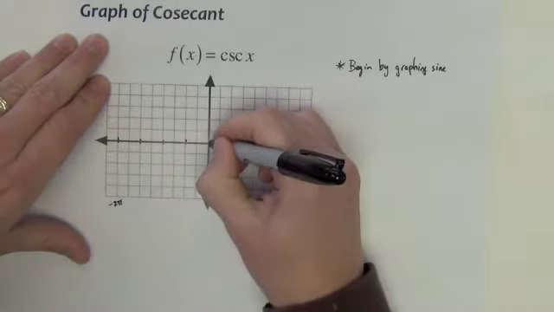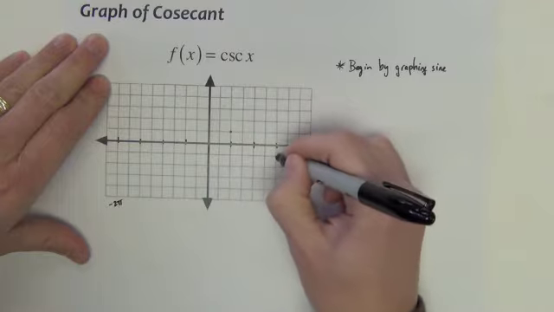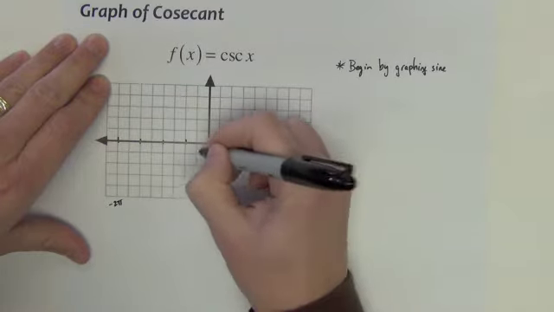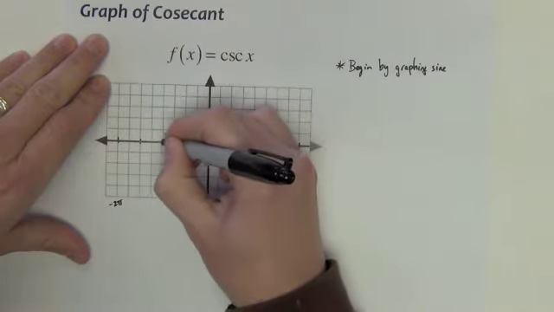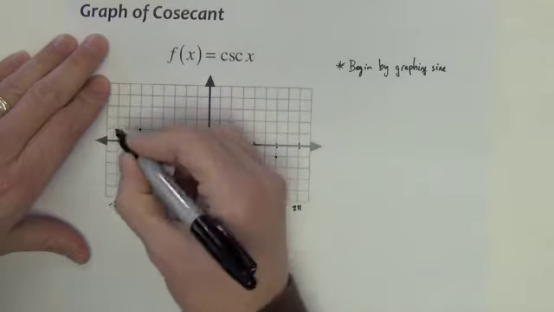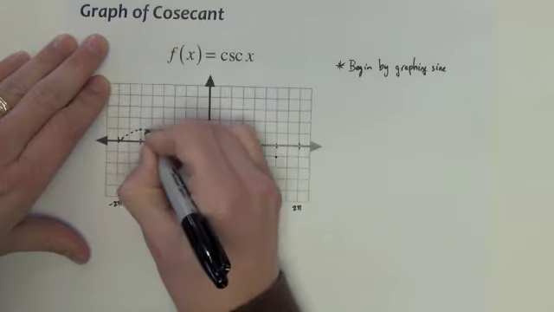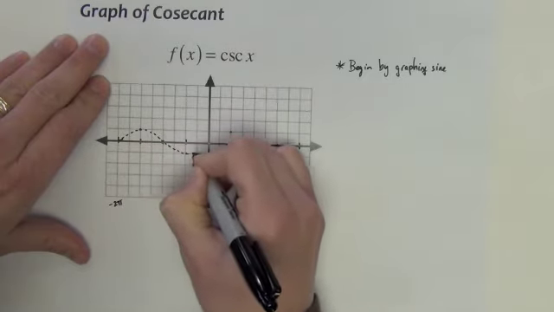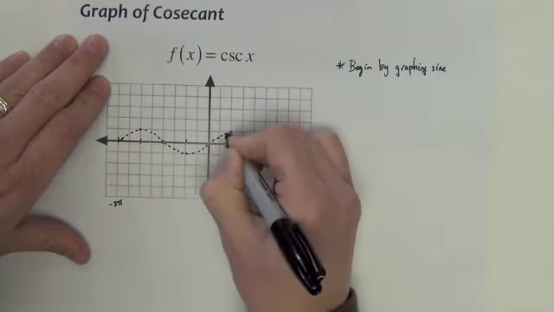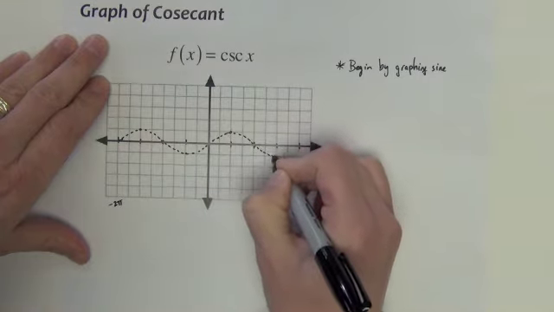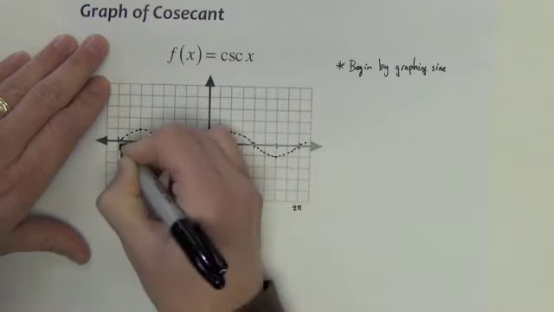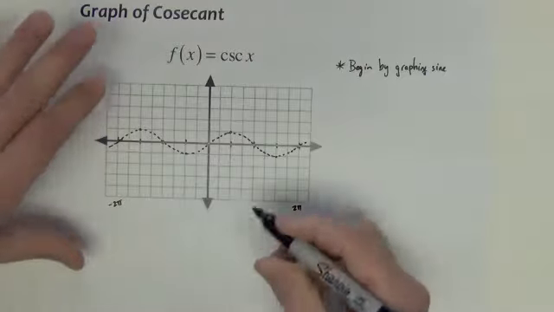The sine graph starts at the origin, goes up to 1, back to the origin, down 1, back to the origin. Okay, there's my sine graph.